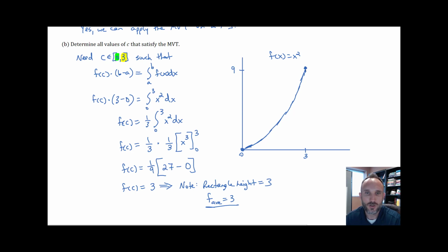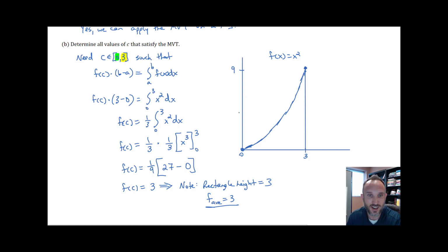And so if we were to consider the area under this curve, that would be represented by the integral of the function. What we're trying to do here is reconstruct the area under this curve with a rectangle that has a constant height. And what we just found is the height of that rectangle is 3.